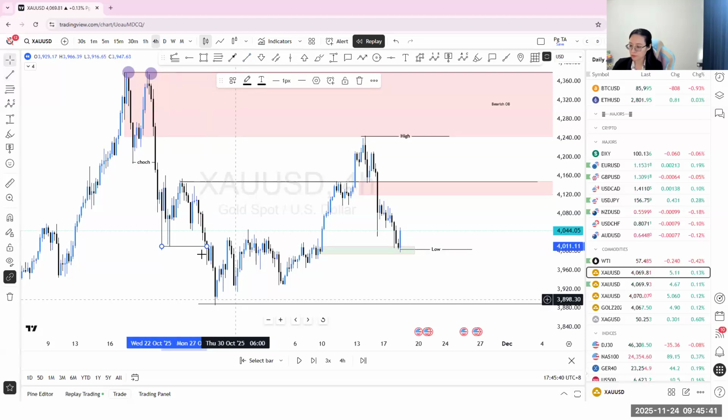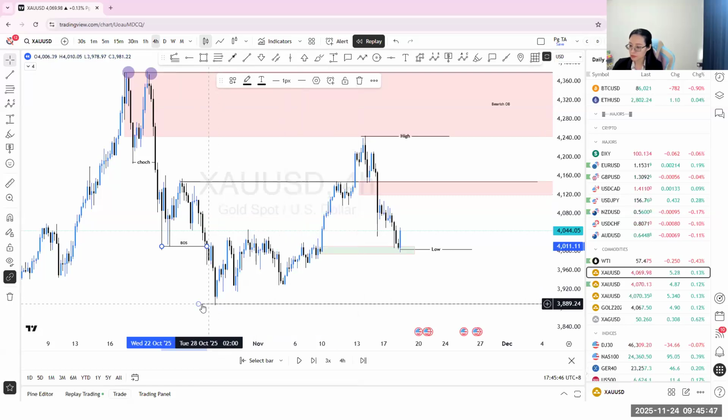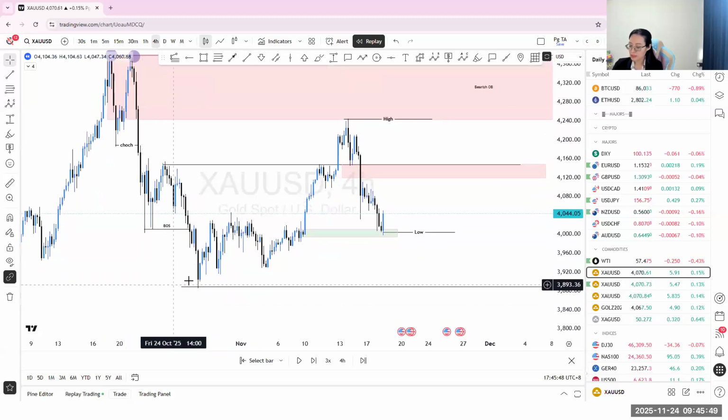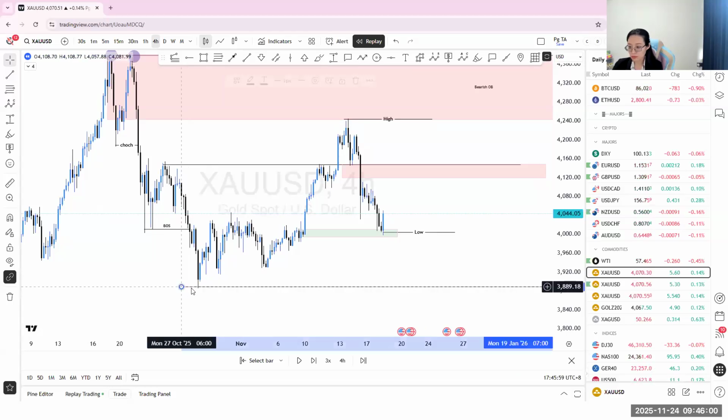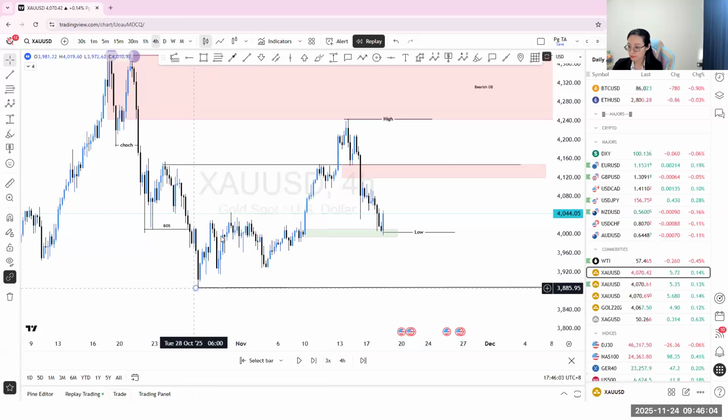Okay, our low is here, right? They make the low, and after that they make the lower low, which is here. But they did not form lower low, lower high, lower low, lower high, higher low. Price did not close below this week.